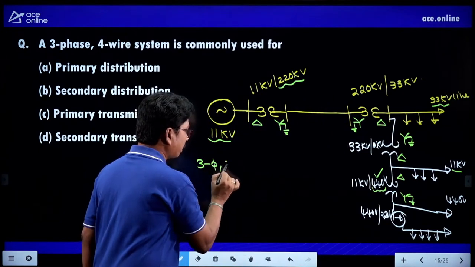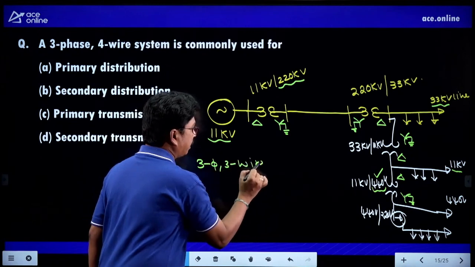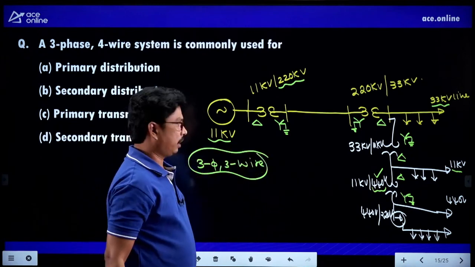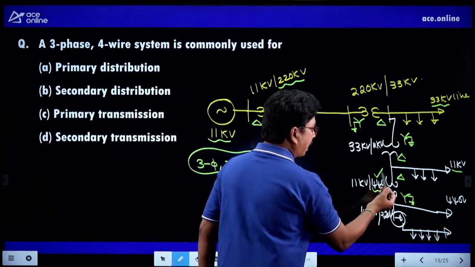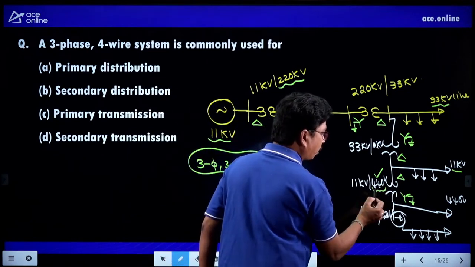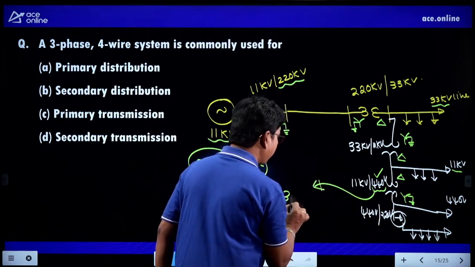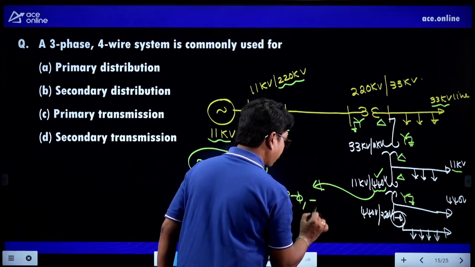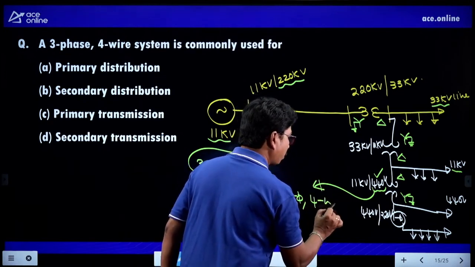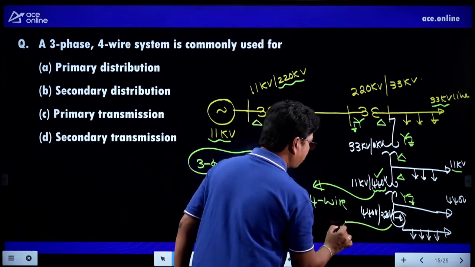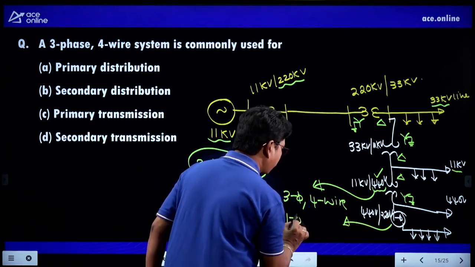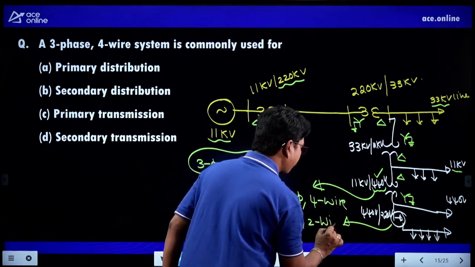They are economical. But whereas 440 volts should be done in 3-phase 4-wire, and single phase should be done in single phase 2-wire.